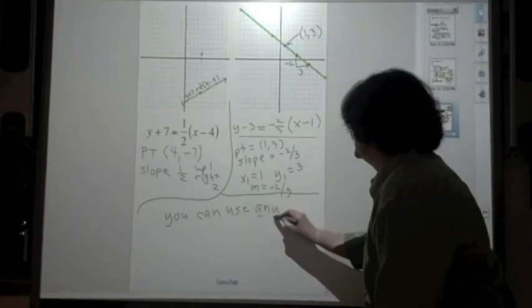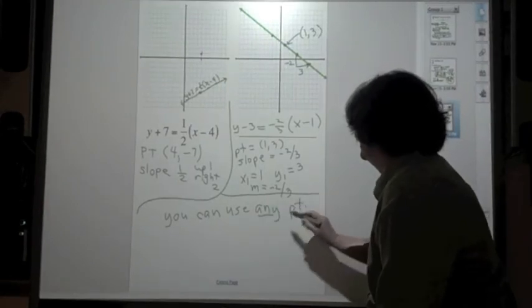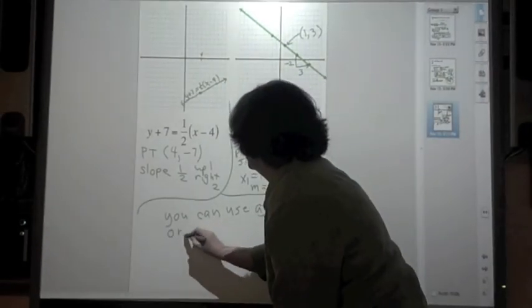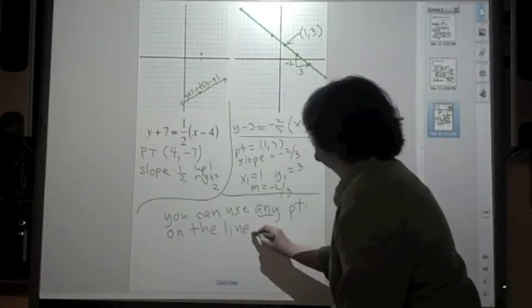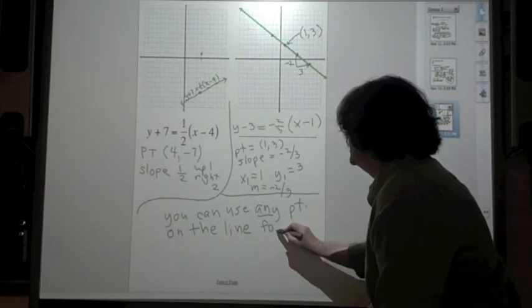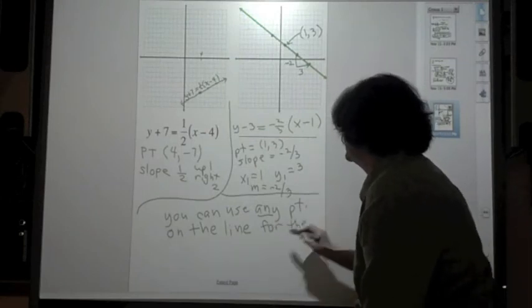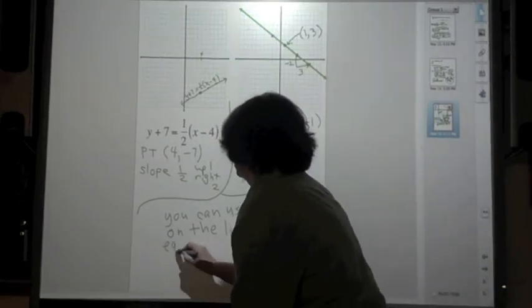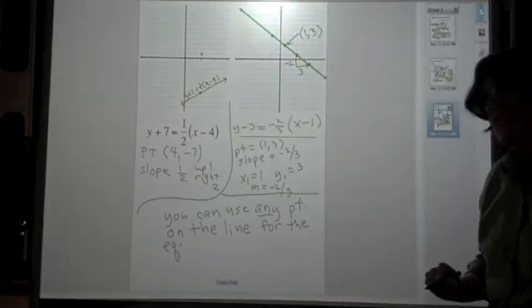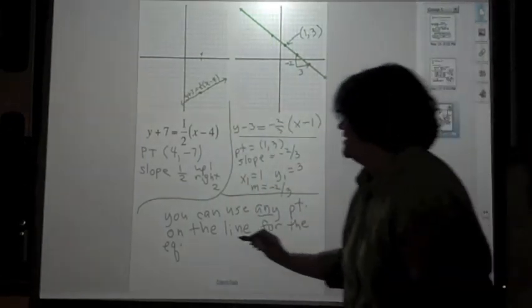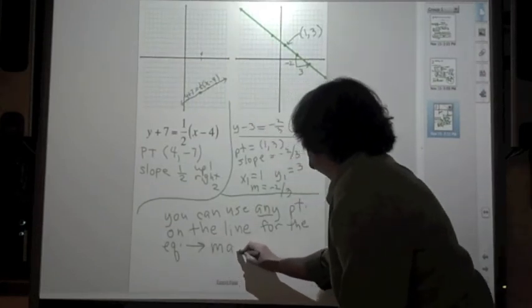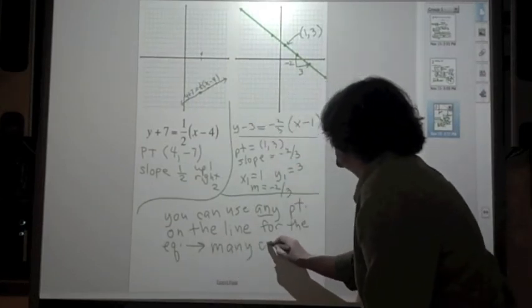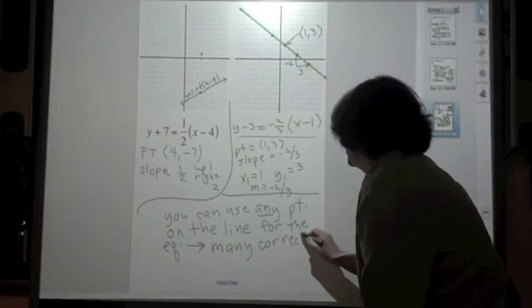So you can use any point on the line for the equation. What that means is you'll have many possible correct answers.